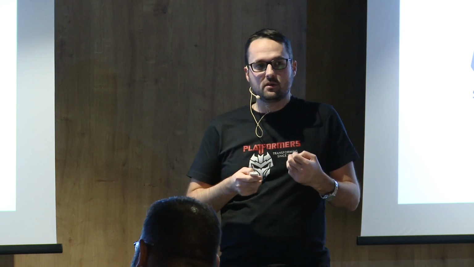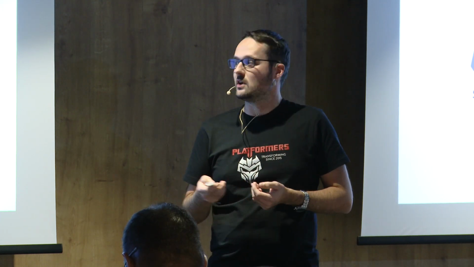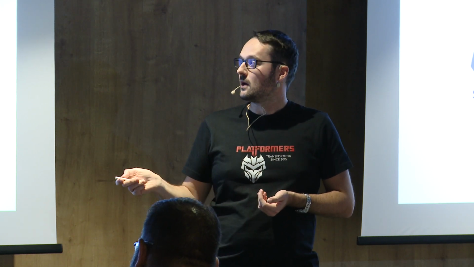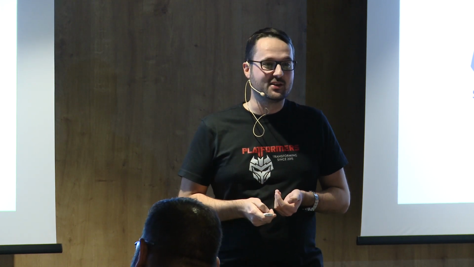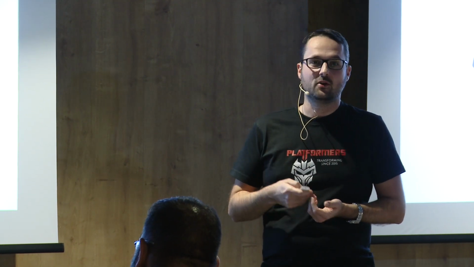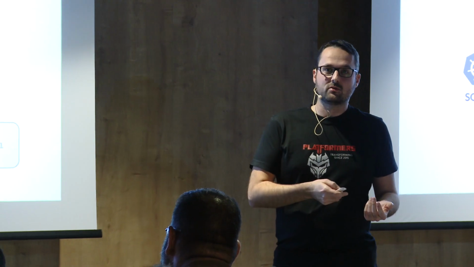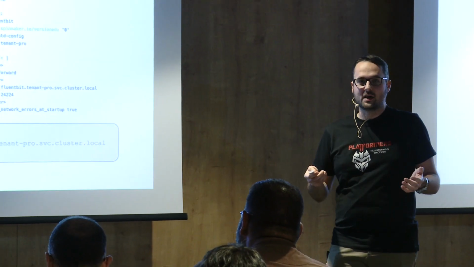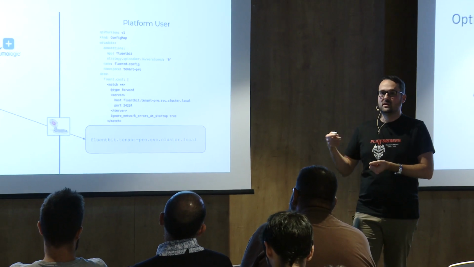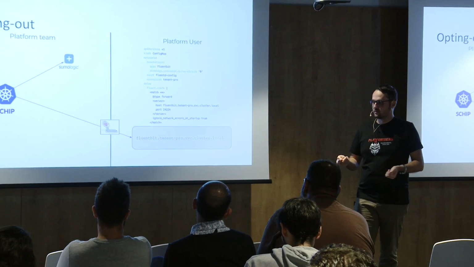Then Fluentd will be reconfigured dynamically to send all the logs to this host, which is what we named the escape hatch. This is a pattern that we implement regularly to allow users to benefit from most of the platform, but hook in when they want to use their own solution because reasons.